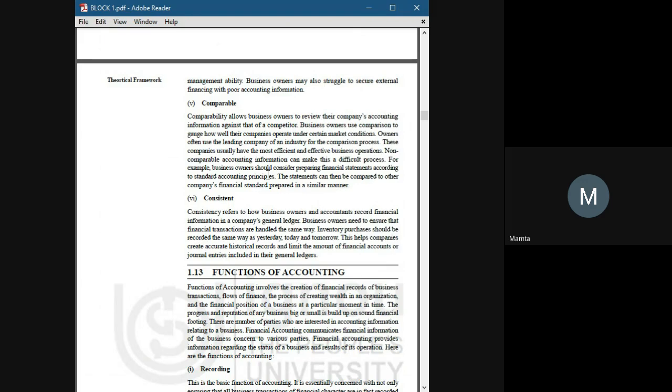to your own. Consistent. Inventory purchases should be recorded the same way yesterday, today, and tomorrow. Suppose your company has opted for depreciation by the SLM method.